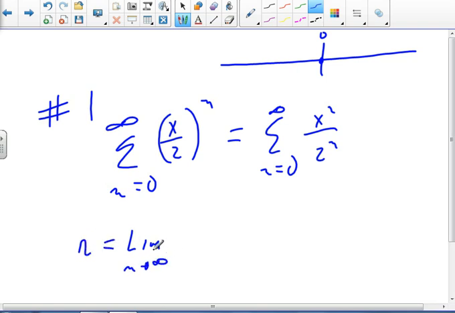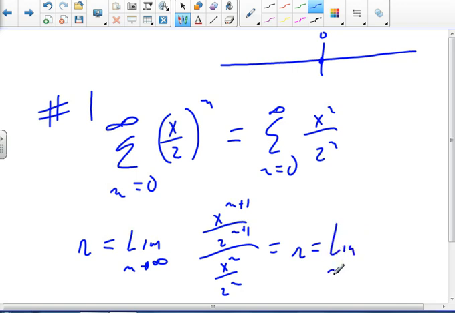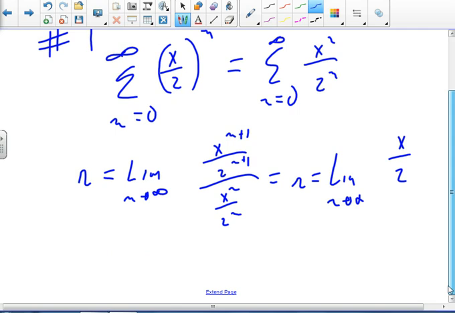So r is equal to the limit as n goes to infinity of x to the n plus 1 over 2 to the n plus 1, divided by x to the n over 2 to the n. I'm going to invert and multiply, and I have x over 2. Is that what I got? x over 2? Yeah, probably.